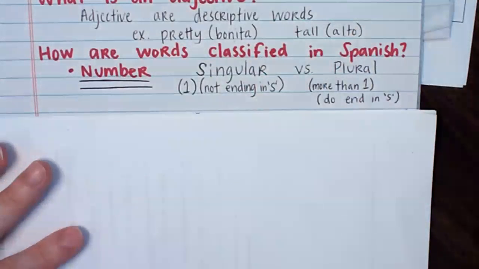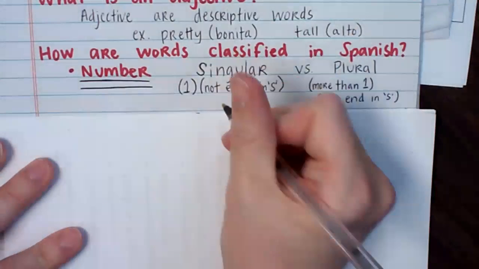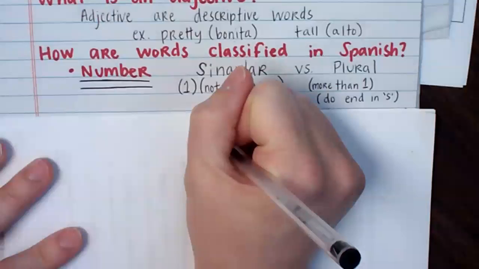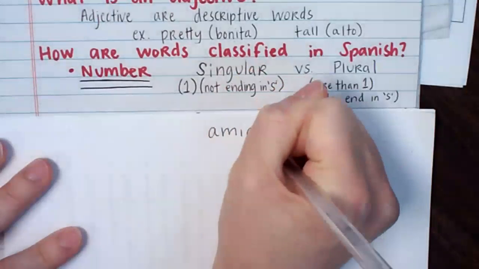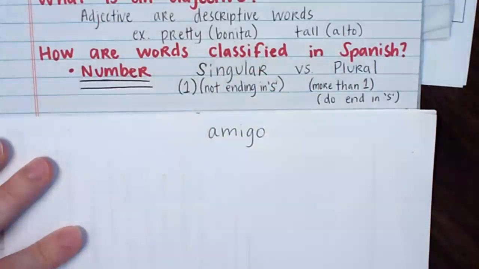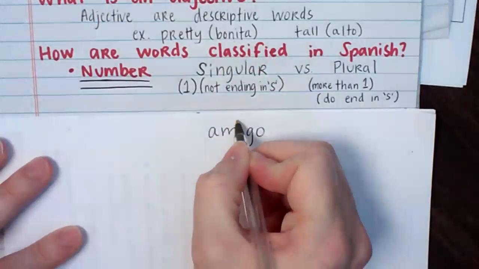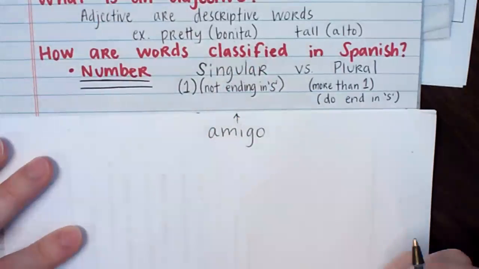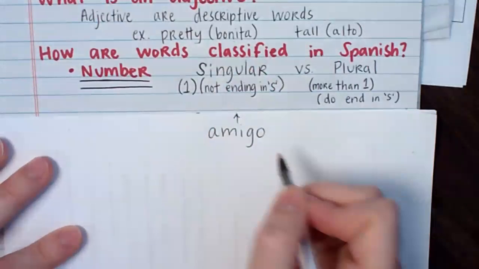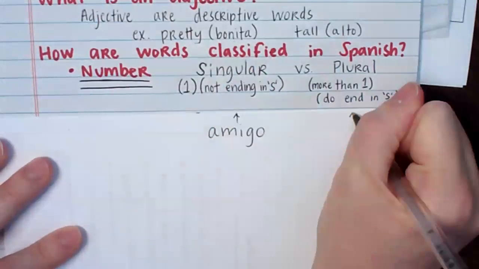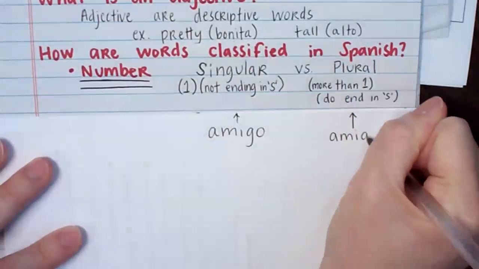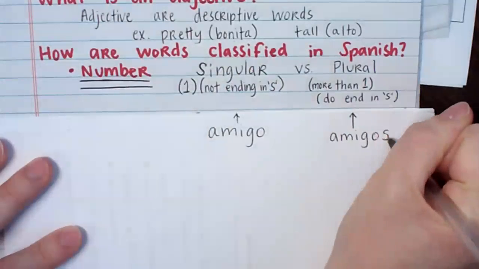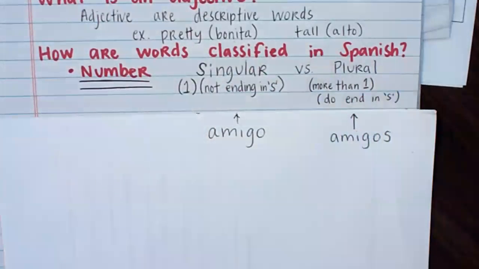So some examples in Spanish, if I have the word friend, amigo, that is singular. It's just one friend. But then if I wanted to make that plural, all I would have to do is add an S. Amigos.